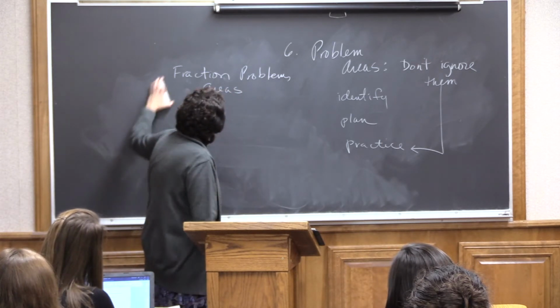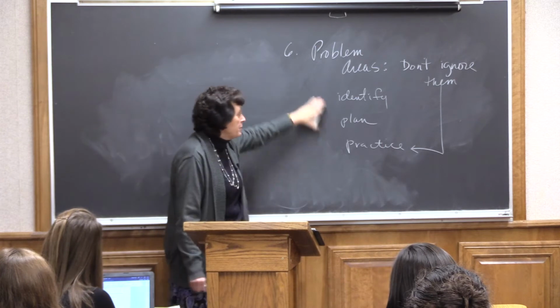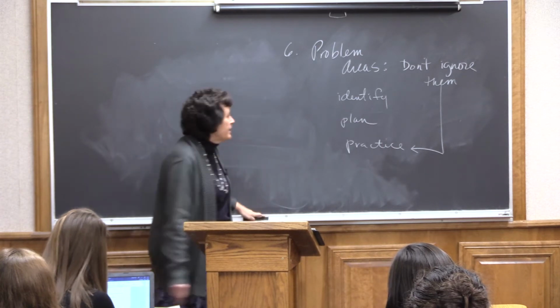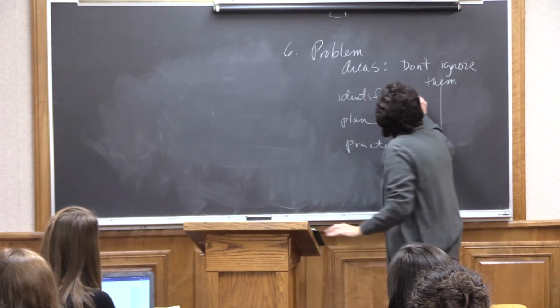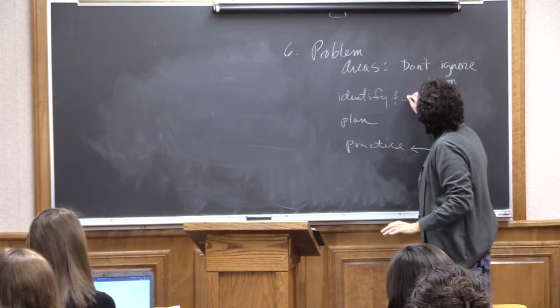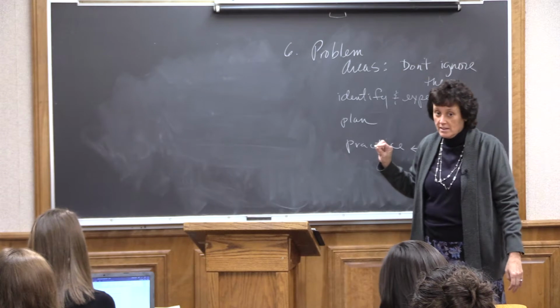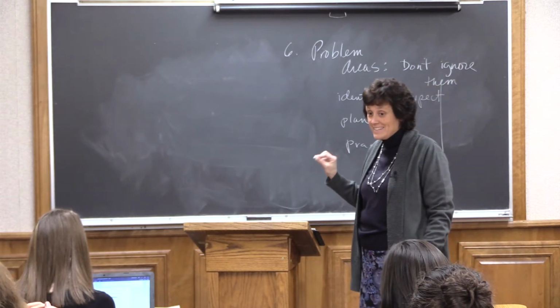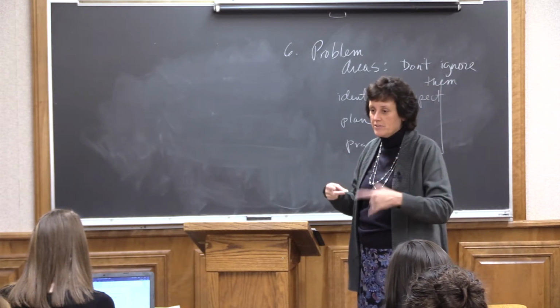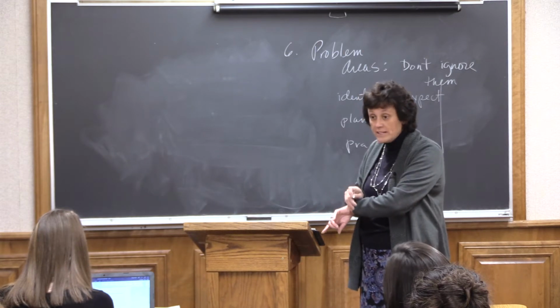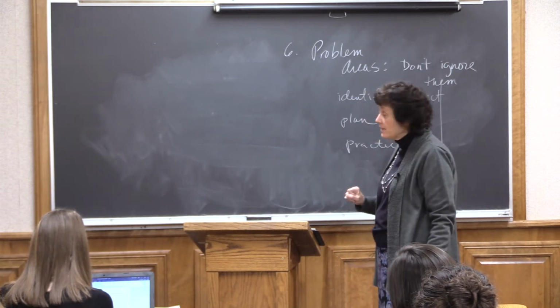So when we are dealing with a problem area, you have to identify it. Maybe we should add to this: identify and expect. They're going to happen, and it's the same problems year after year after year. We have to identify them and expect them.